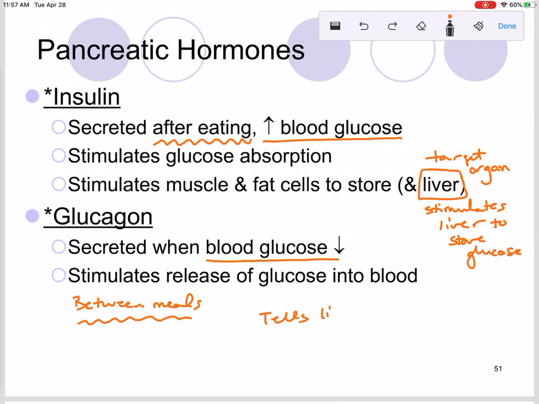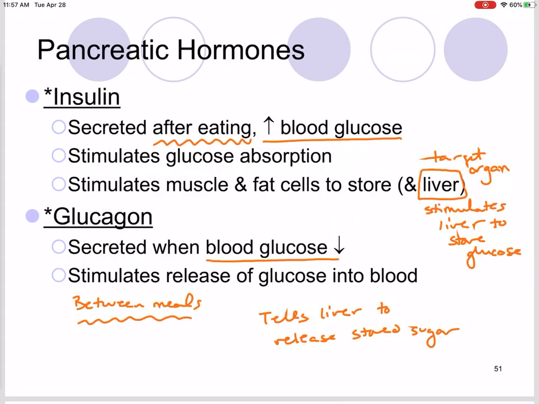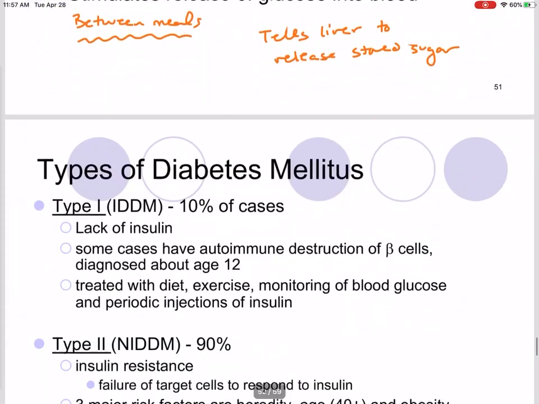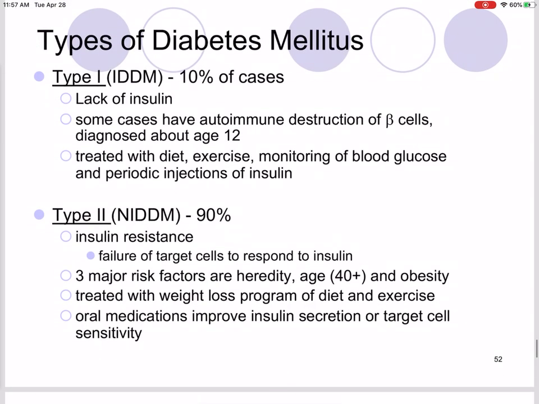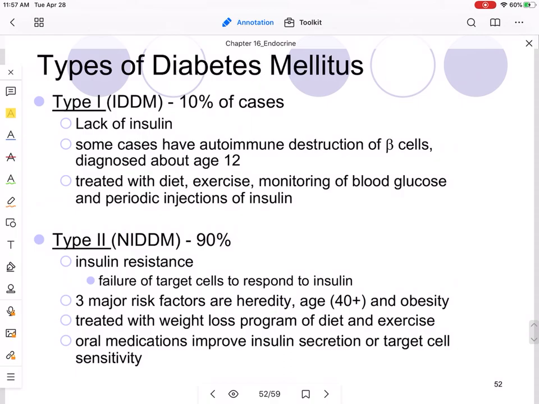And how does glucagon work? Well, if blood glucose gets too low, glucagon is released from the pancreas, goes to the liver, and tells the liver to release sugar. So it will release stored sugar.